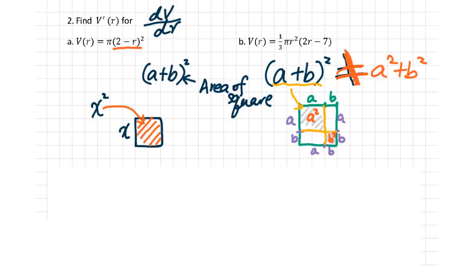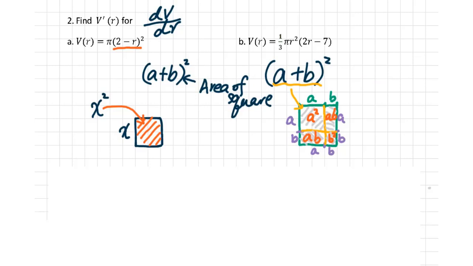But what's the area here? This is a rectangle. One length is A, the other length is B. Therefore, it's AB. And check here. This area, still a rectangle, is AB.